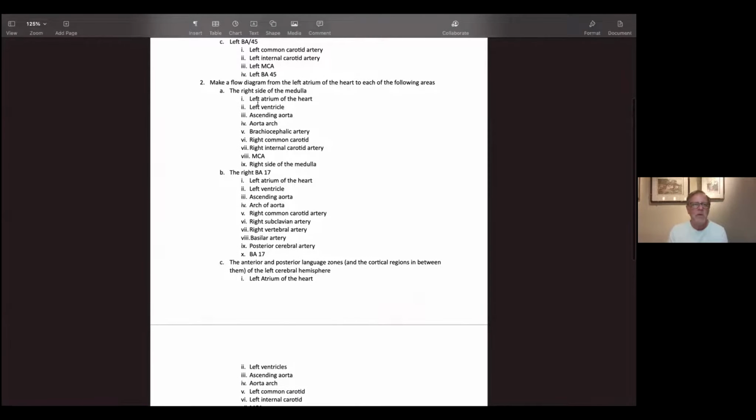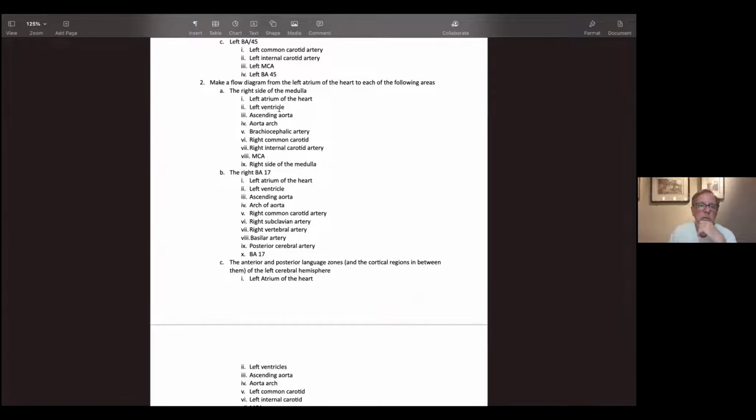Number two. Okay, so on all of these we're going from the left atrium of the heart down to, in this case, the right side of the medulla.